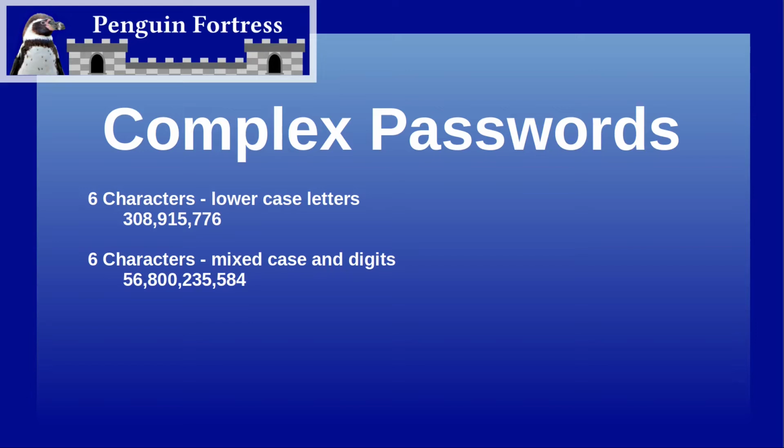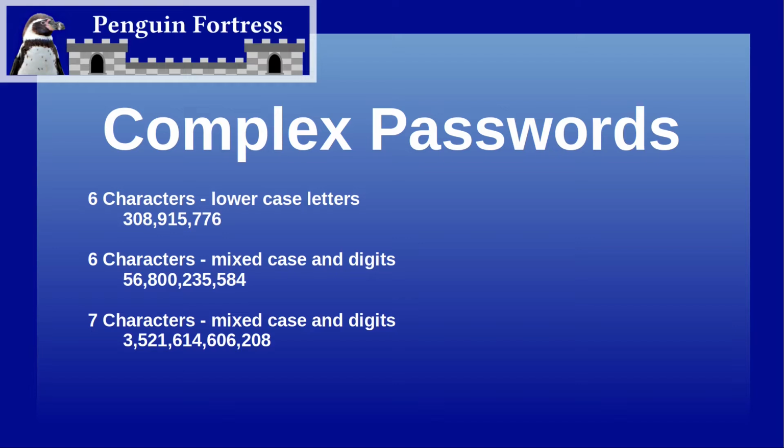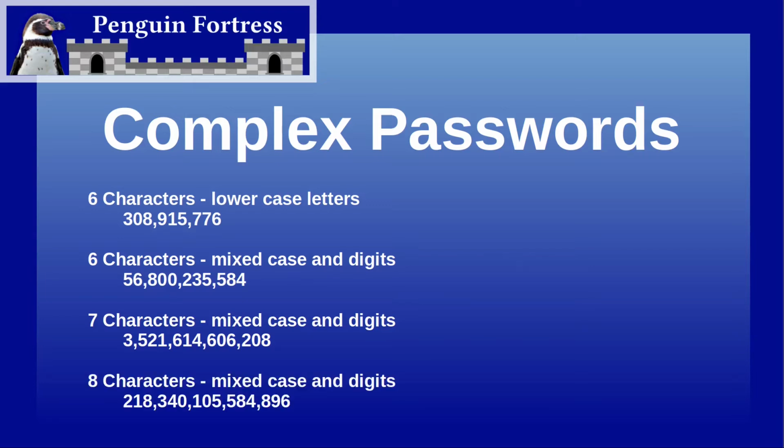If you set the minimum characters to 7 using letters and digits, then the number of permutations is now in the trillions. And for 8 characters, that is around 218 trillion possible combinations. This assumes the password's exactly 8 characters long. The numbers of possibilities would increase even further if that's just the minimum number of characters.